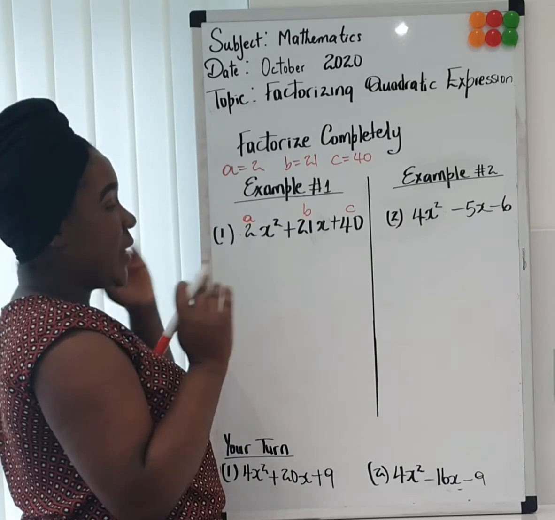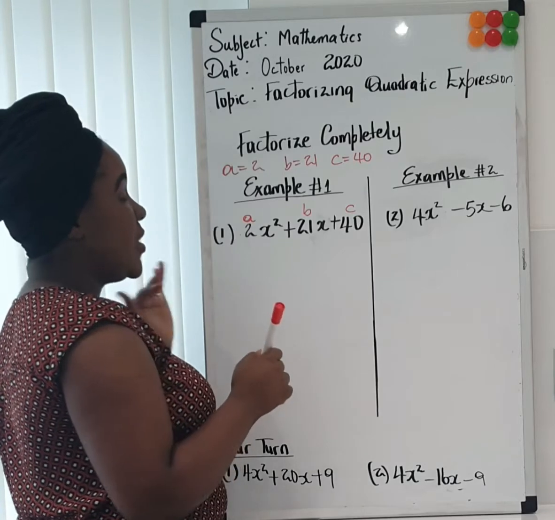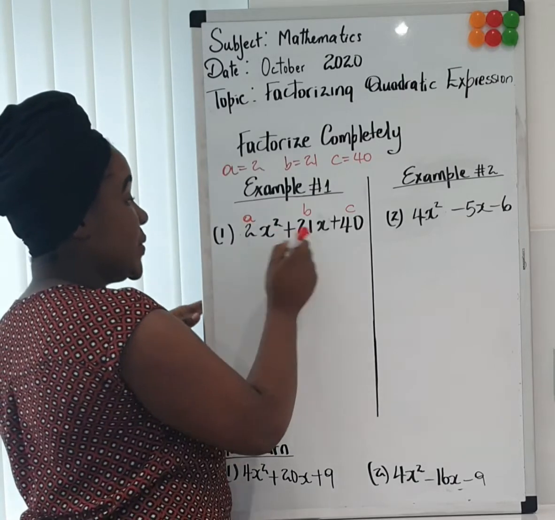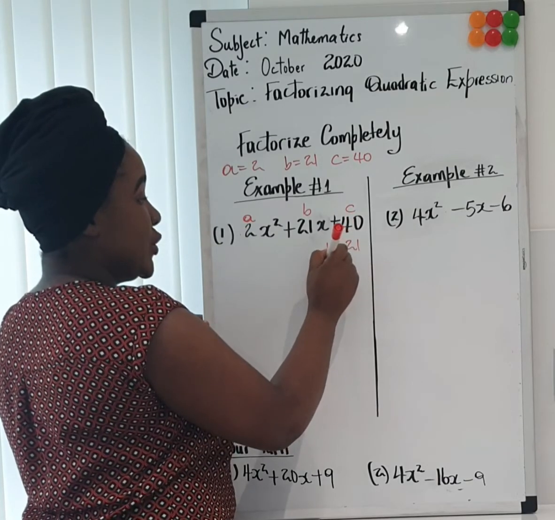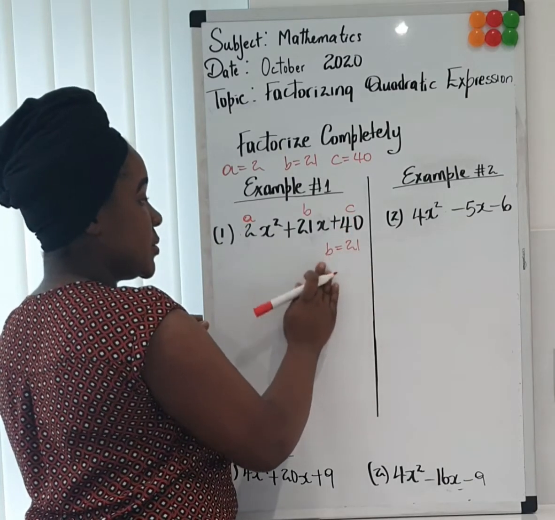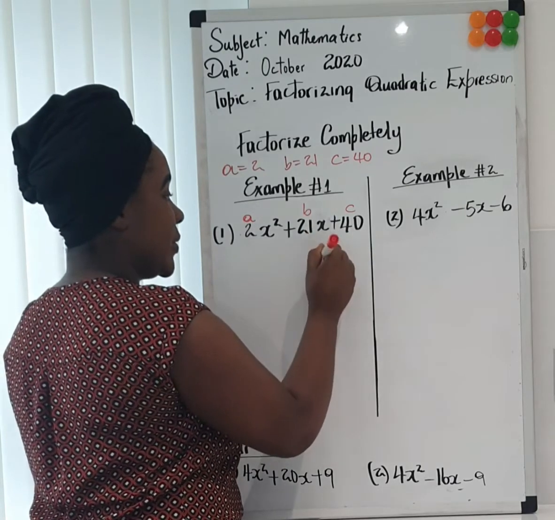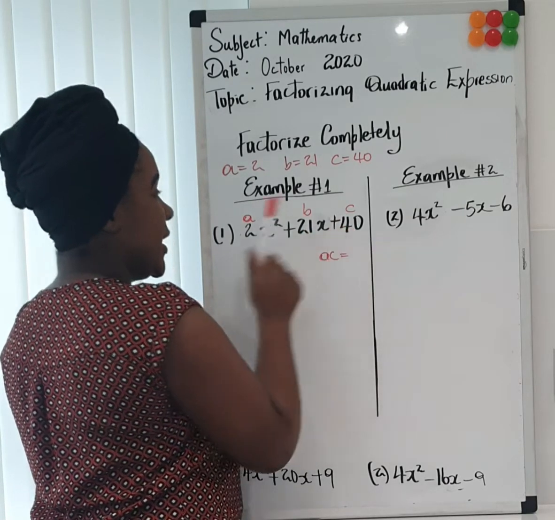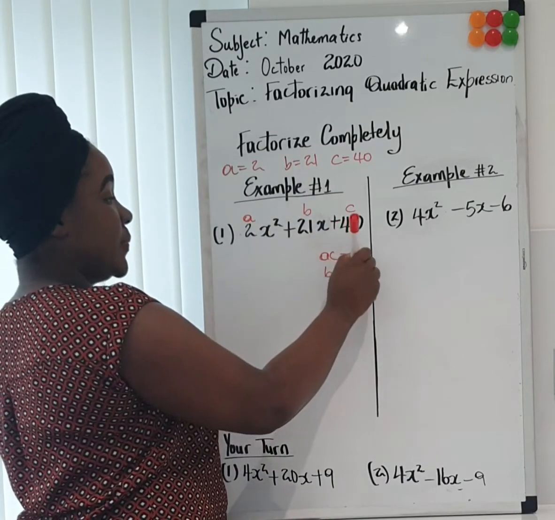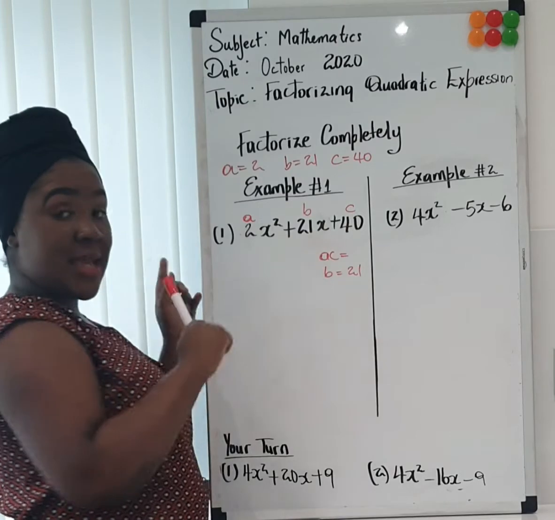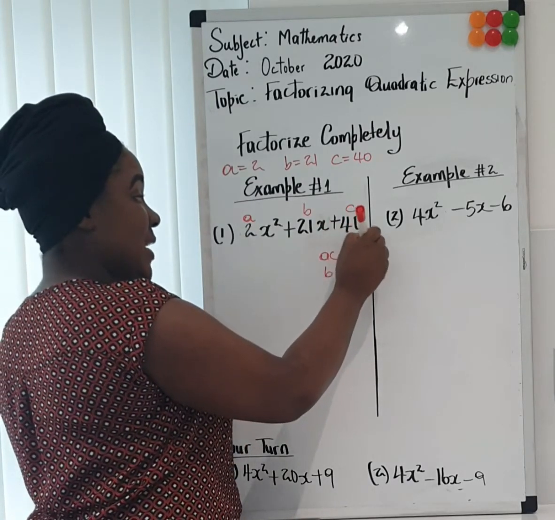The next thing we're going to do is look for our factors. In order to find our factors, we're going to look for two numbers. Let me write it a bit clearer. We have AC and we have B. B is 21, and AC means A times C, so we multiply our 2 by our 40, which gives us 80.